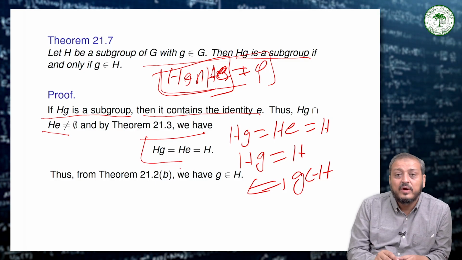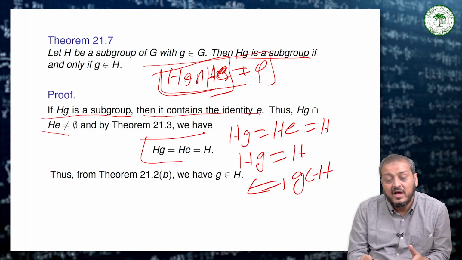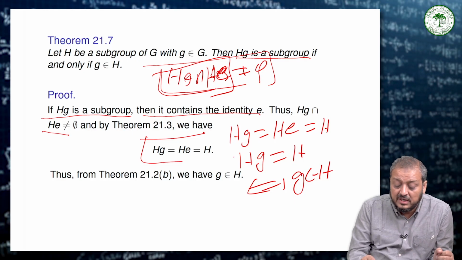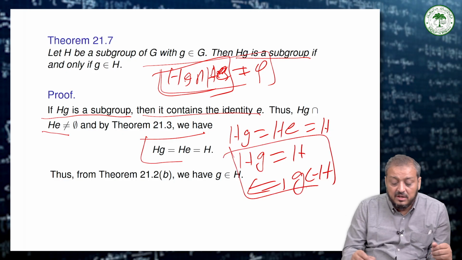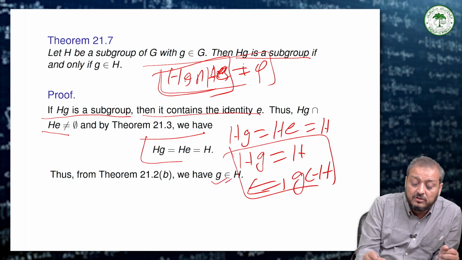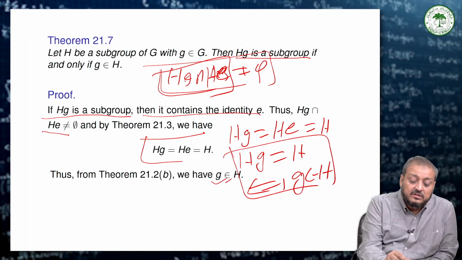If Hg is equal to He, which is H, then by using the result Hg equals H, we have to show that g is an element of H. So if Hg is a subgroup of G, then g is an element of H.